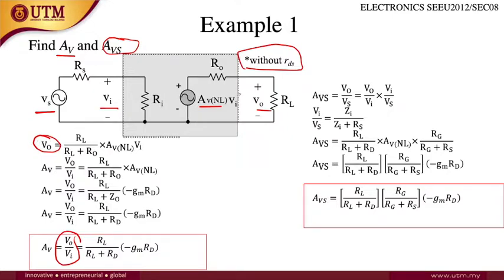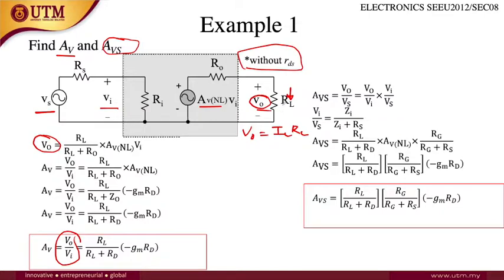The output voltage is the voltage that flows inside here, across RL. VO, the voltage output, is the same as IL RL, right? IL RL.